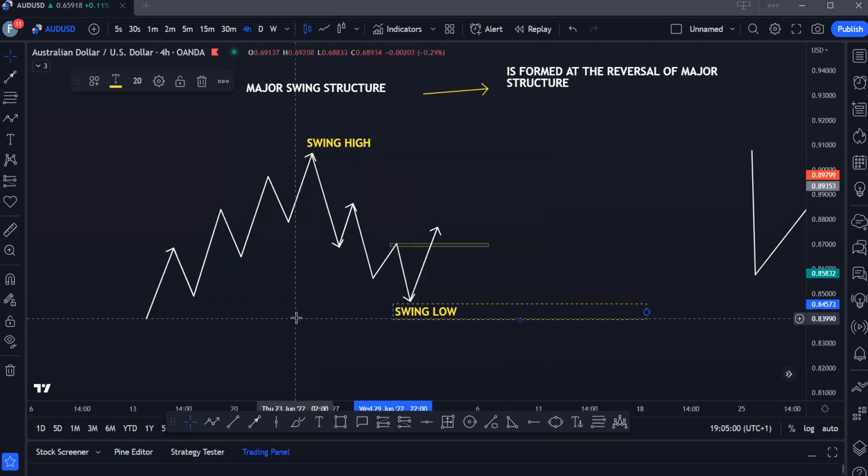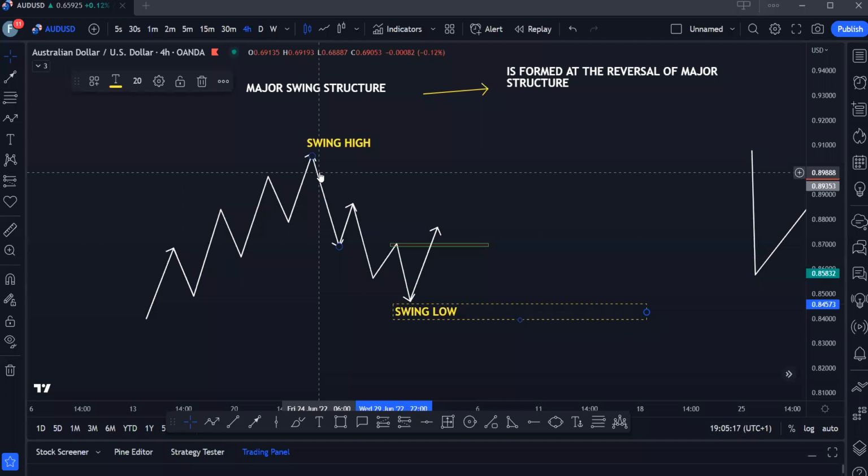Aflabi is asking, can it break with a wick? No, the body of the candle has to close and break it. So a major swing structure gives us a good view of the real structure of the market.